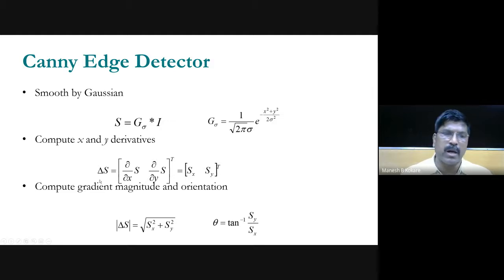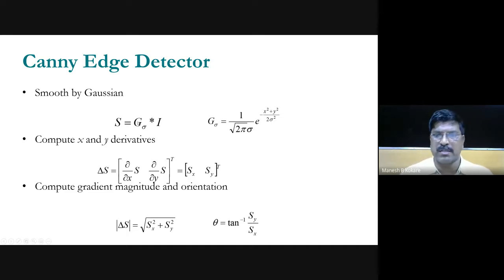After that, you calculate the magnitude of Sx and Sy, which gives the edge strength, and the angle, which gives the direction of the edge, given by tan inverse of Sy by Sx.